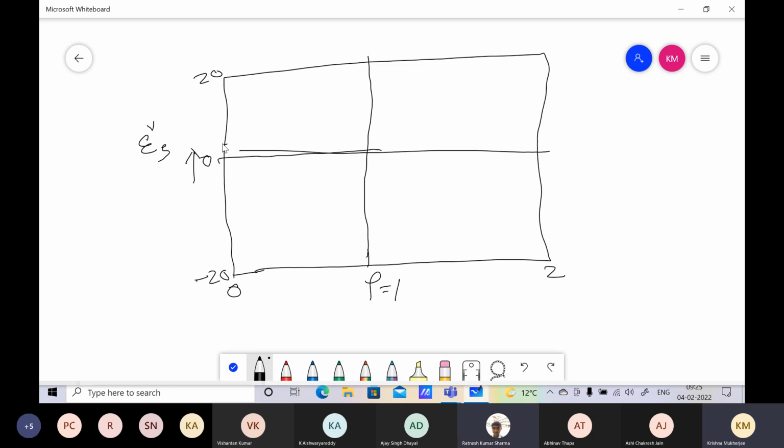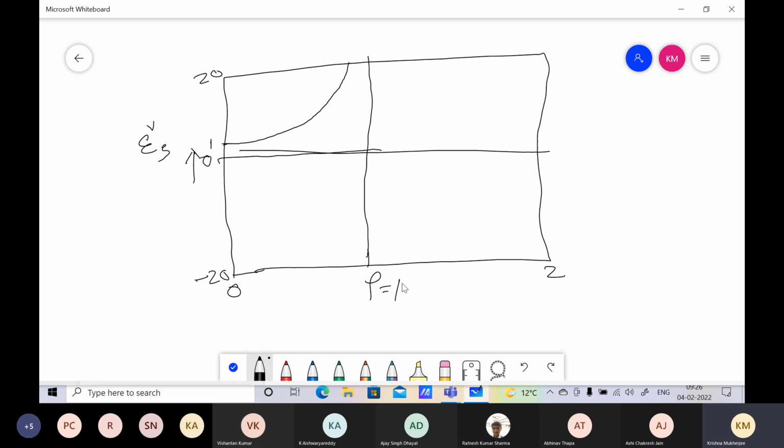So it starts from here. As it goes to 1, it keeps going up. At rho equal to 1, this will go to infinity. 1 over 1 minus rho, a very simple plot.